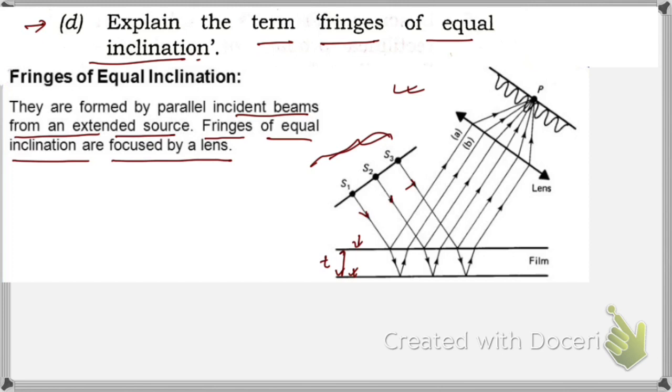They will be reflected from both the top and the bottom surface, and after reflection they remain parallel, and there must be a lens here. This is a lens, and here we get fringes of equal inclination.